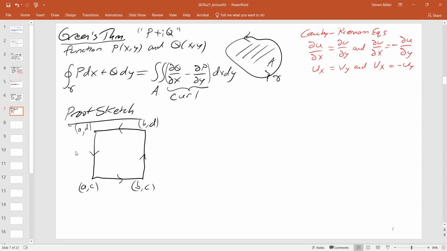Now, you have the double integral of dq/dx. We only have two main techniques in multivariable calculus: change variables and switch the order of integration. Which would you rather do? Integrate dq/dx with respect to x or with respect to y?